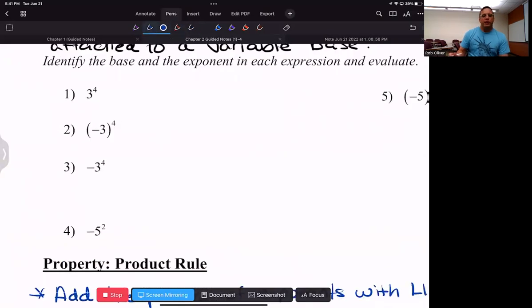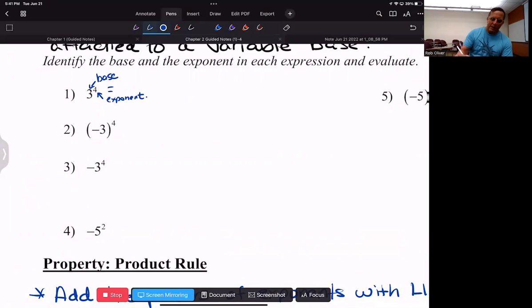So the first one there, we've got 3 to the 4th power. It says identify the base. We don't have to do this every time, but 3 is the base and 4 is the exponent. The whole thing is called the power, which is kind of confusing, but I try to avoid that language.